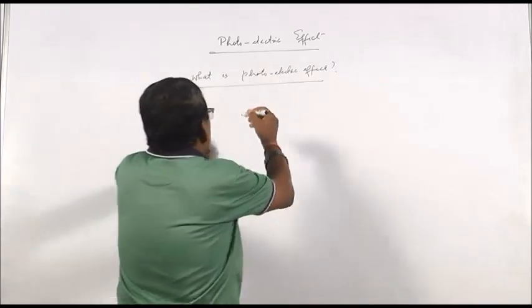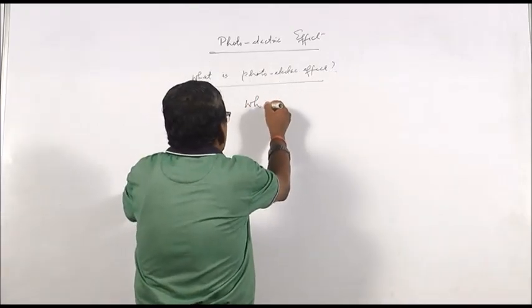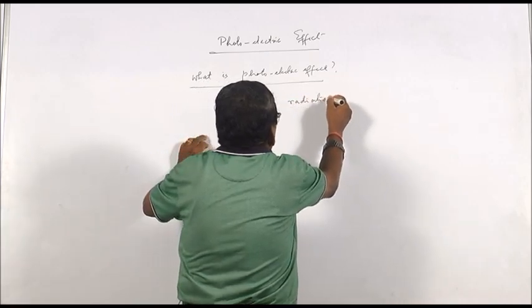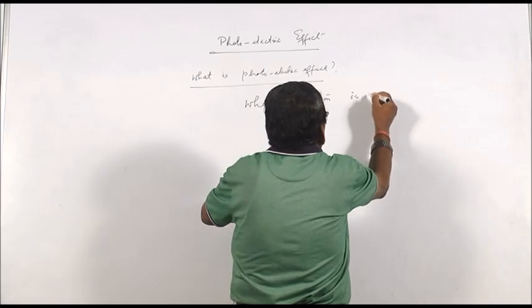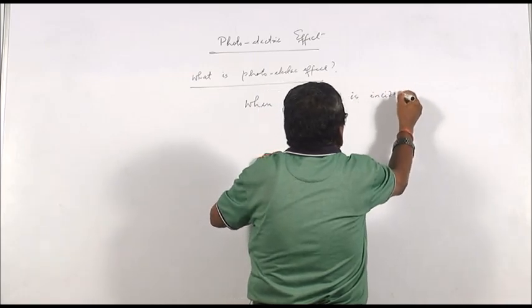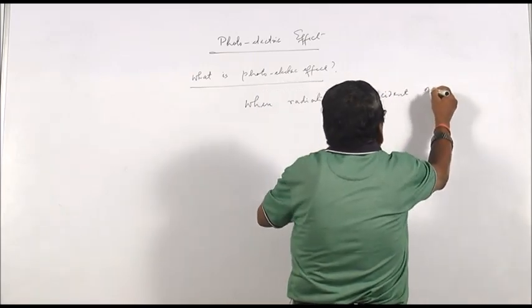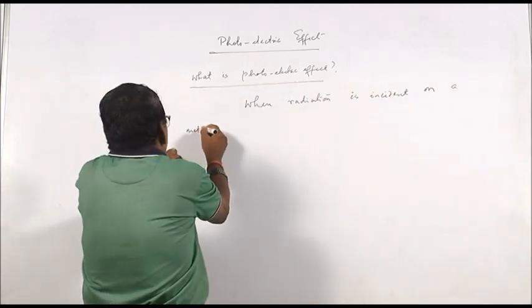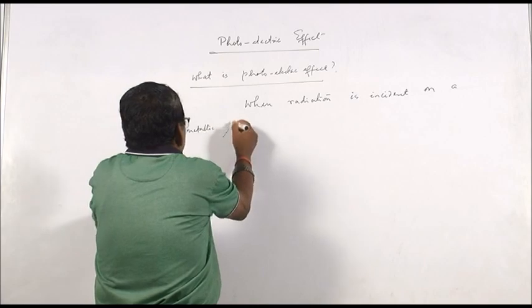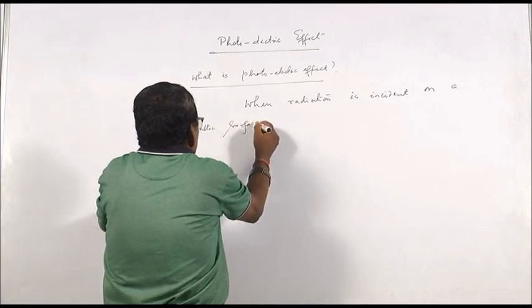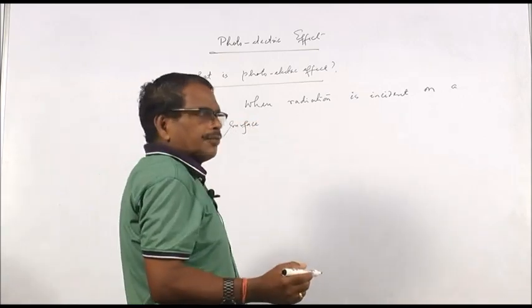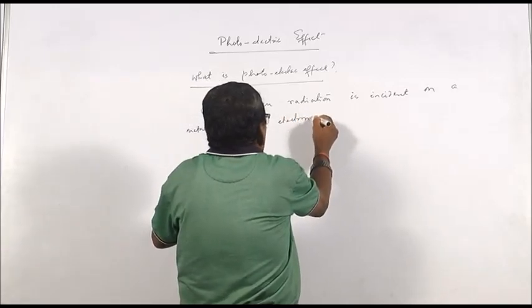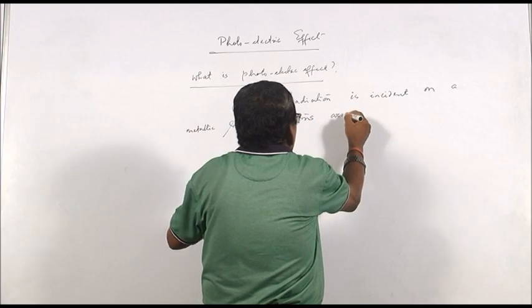So, when radiation is incident on a metallic surface, electrons are ejected.